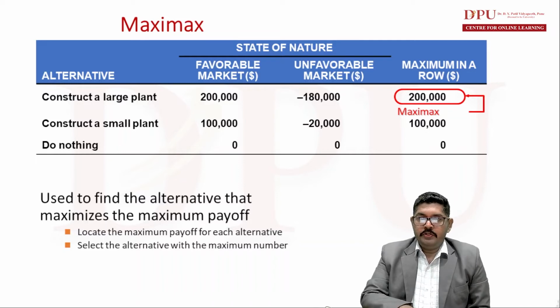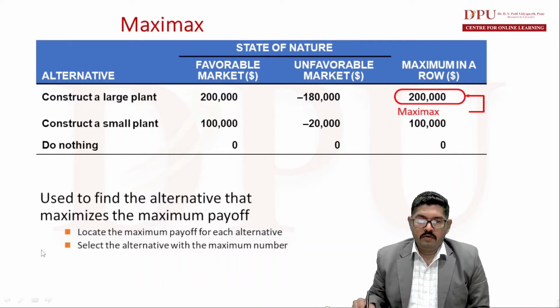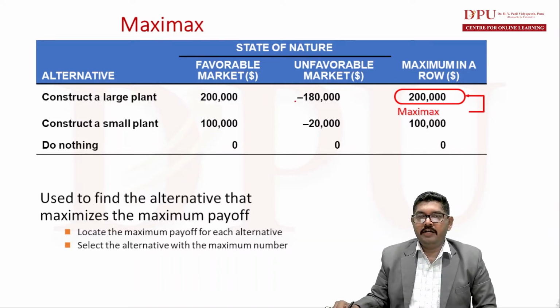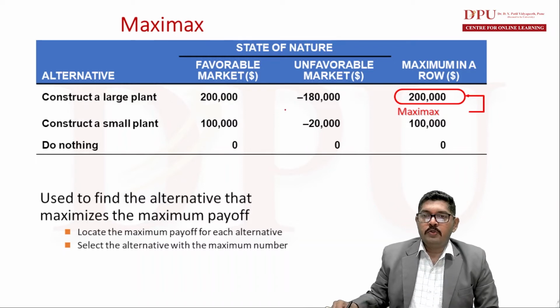We choose the maximum from each row. For the first course of action, constructing a large plant, we have two payoffs, for favorable market and unfavorable market. For favorable market it is 2 lakh, and for unfavorable market it is 1 lakh 80,000 negative. So the maximum is 2 lakh.